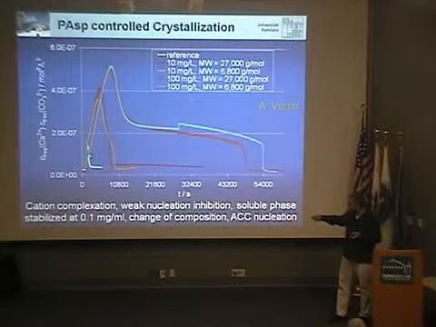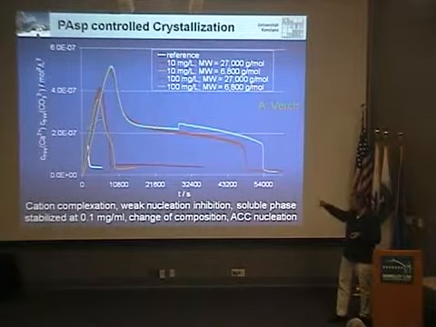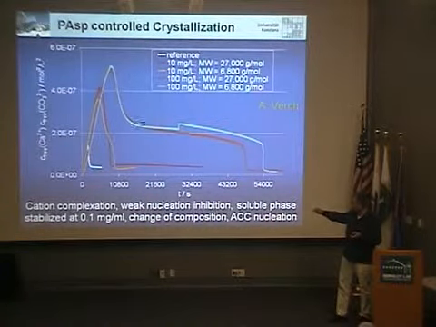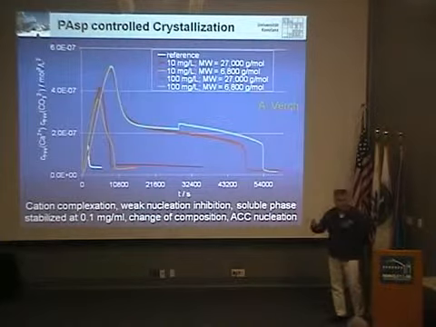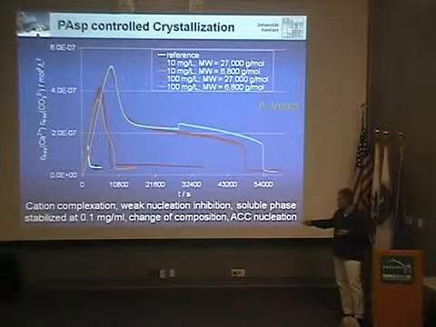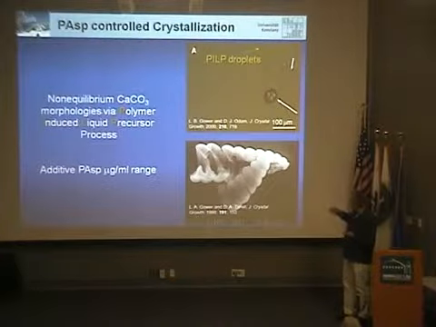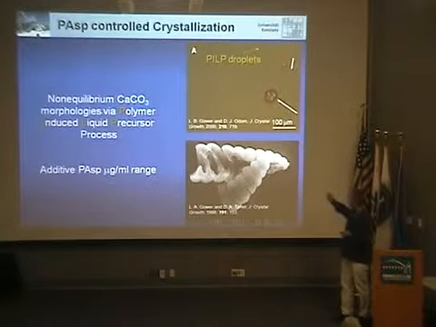Here in white, we have the reference curve again. If I increase the concentration of polyaspartic acid, I get a slight nucleation inhibition. And importantly, I get a species which is nucleated which is much more soluble than amorphous calcium carbonate. And when you take a look at the sample, you observe droplets.